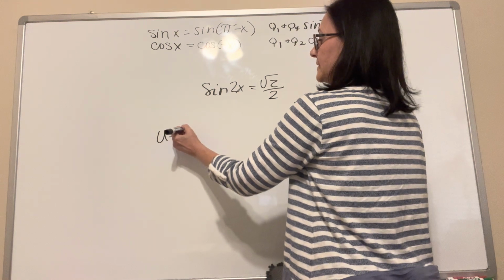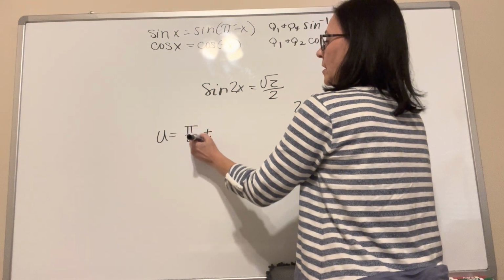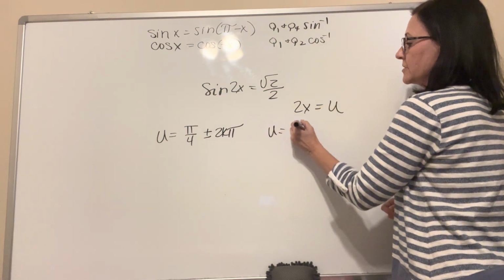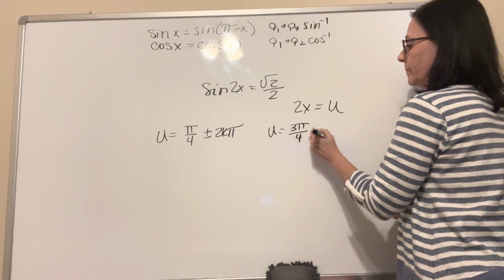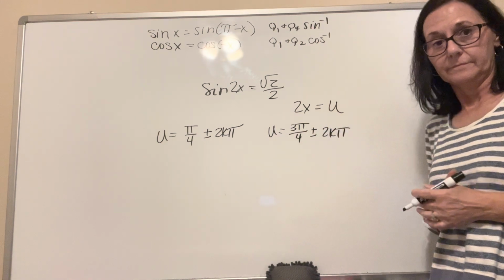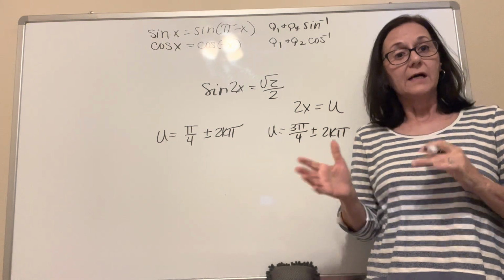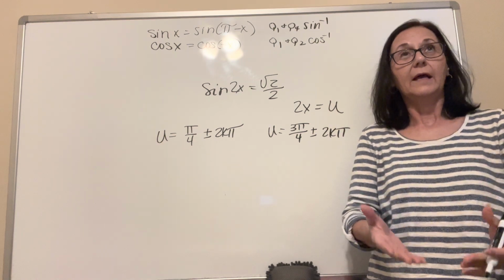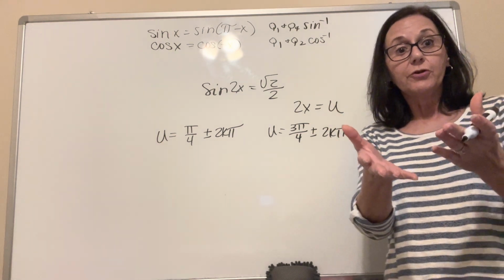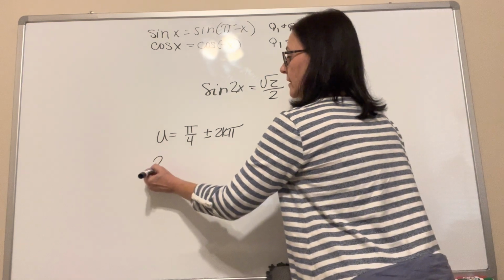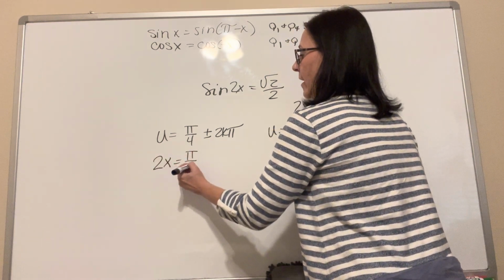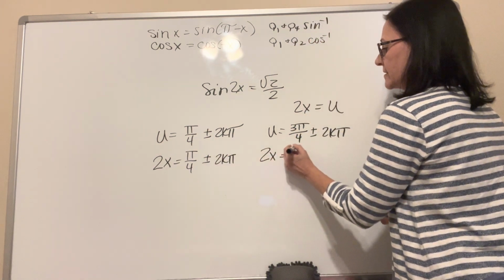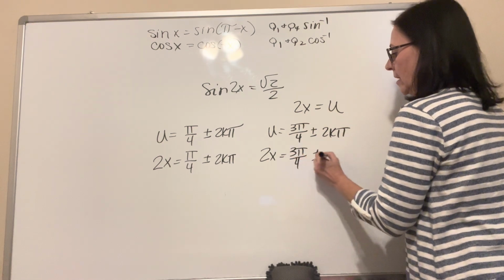U is pi over 4 plus minus 2k pi, and u is 3 pi over 4 plus minus 2k pi. All right, because I set u equal to 2x, I solve for u. Now I'm going to go back in, and for u, I'm going to put 2x. So 2x is pi over 4 plus minus 2k pi, and 2x is 3 pi over 4 plus minus 2k pi.